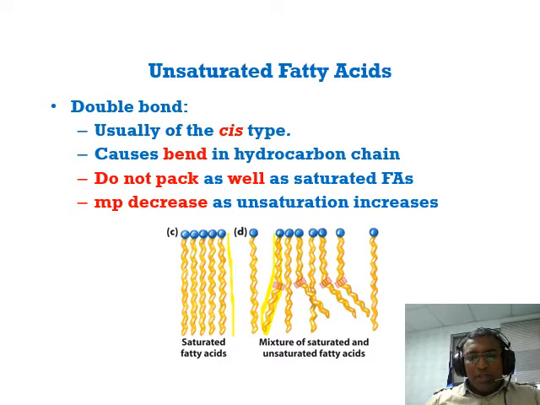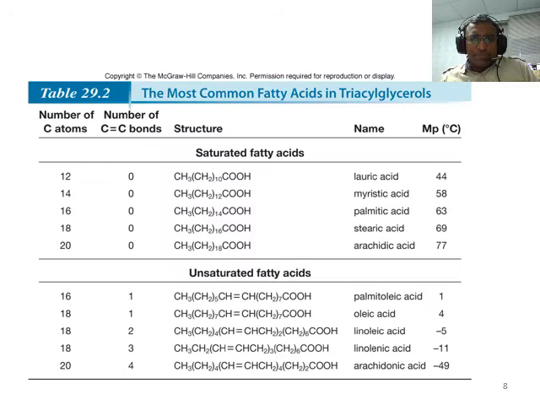This kink will actually cause a large space, which has no interaction with the neighboring fatty acid. Therefore, it is not packed in a compact way and is easily broken. Therefore, the melting point is lower than the saturated fatty acid.